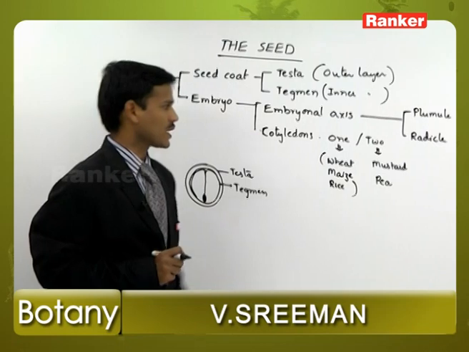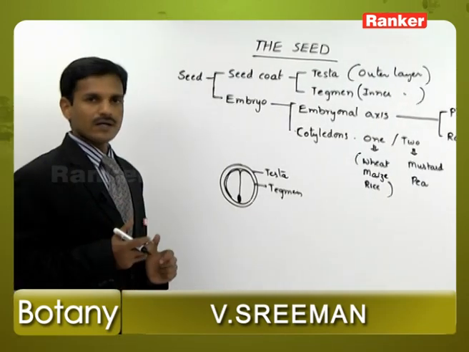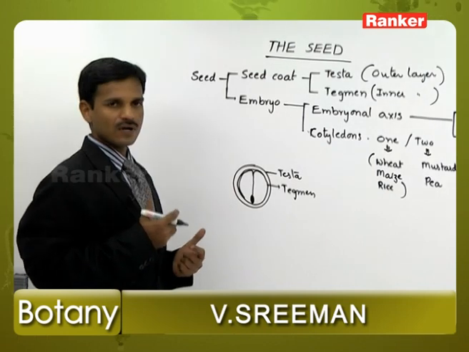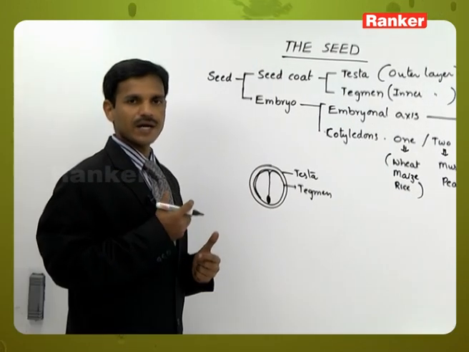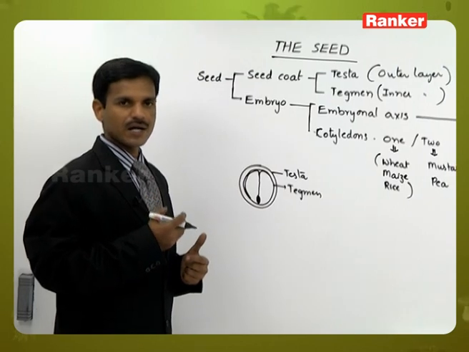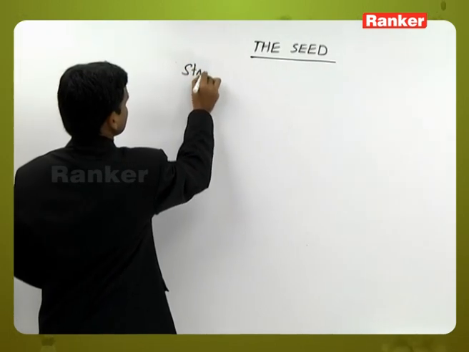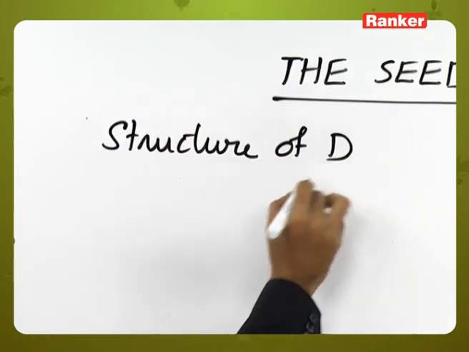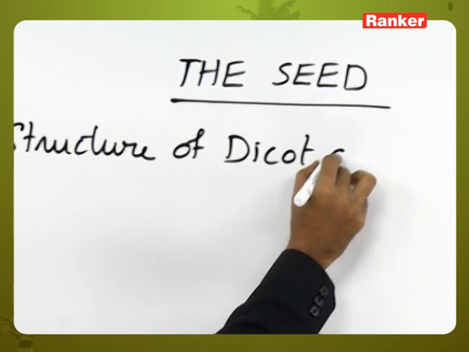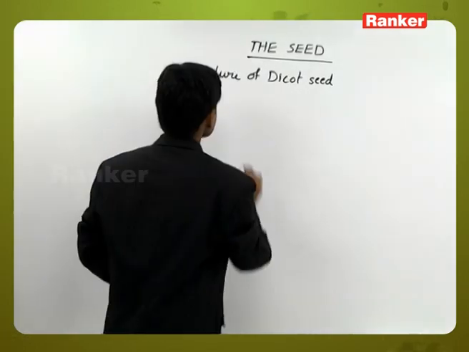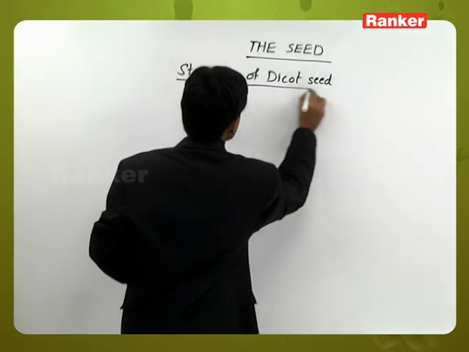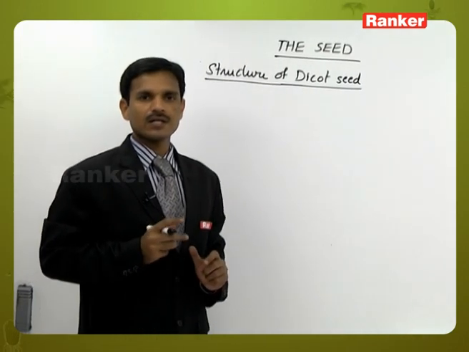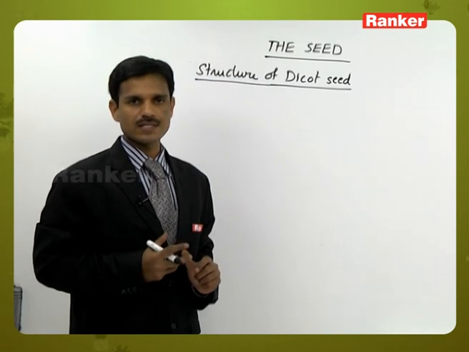Monocot plants, dicot plants. Now, first of all, we are going to discuss the structure of the dicot seed. In dicot plants, the embryo has two cotyledons.